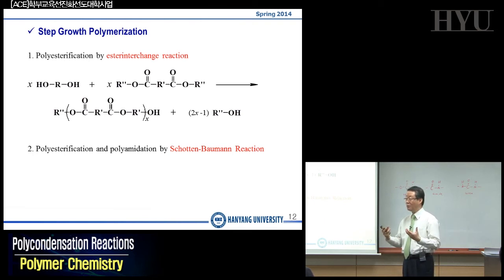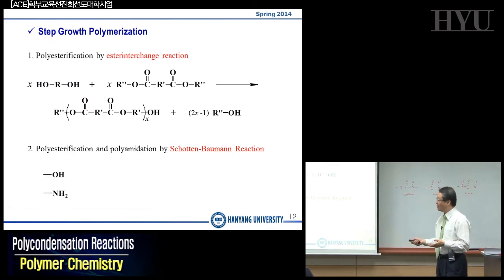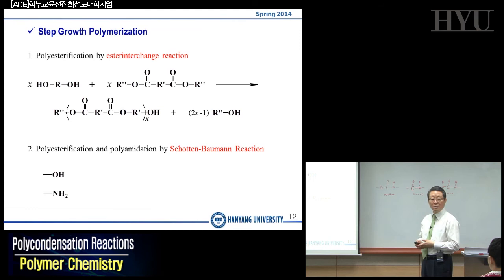But I will show you next time how to form the polymer at room temperature by mixing the monomers together. You have a diol or a diamine reacting with the acid chloride rather than diacid or ester.